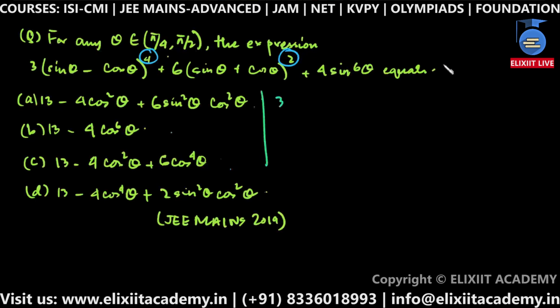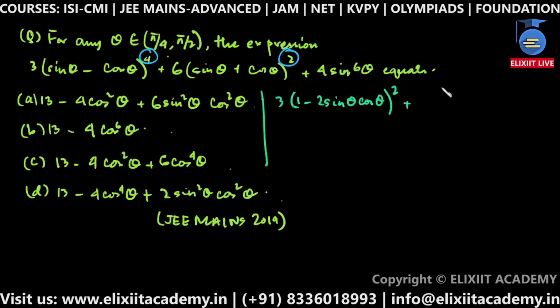Sine square theta plus cos square theta is 1, and you have minus 2 sine theta cos theta. So we have 1 minus 2 sine theta cos theta whole square, right? Plus 6 sine theta plus cos theta whole square.